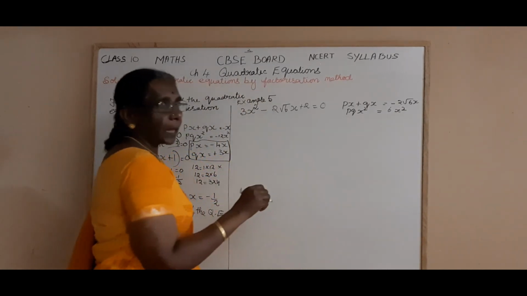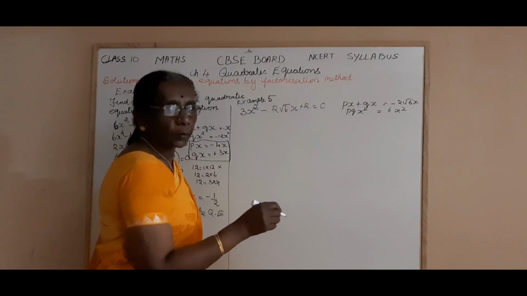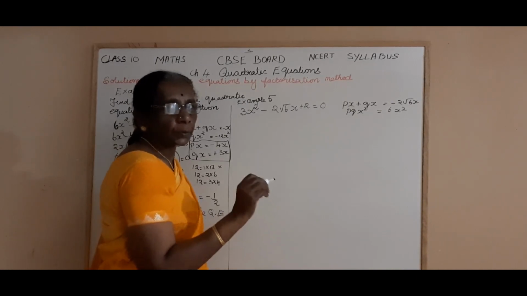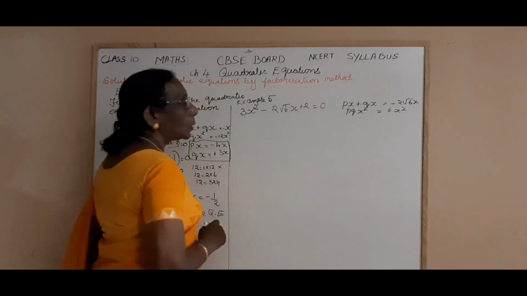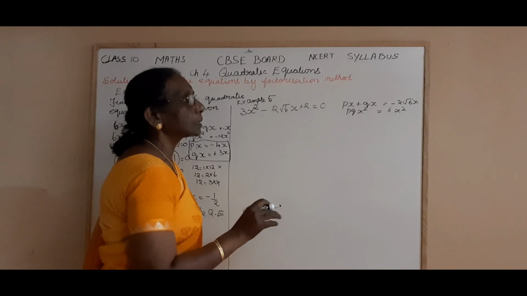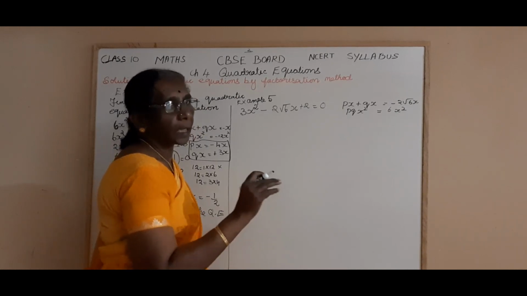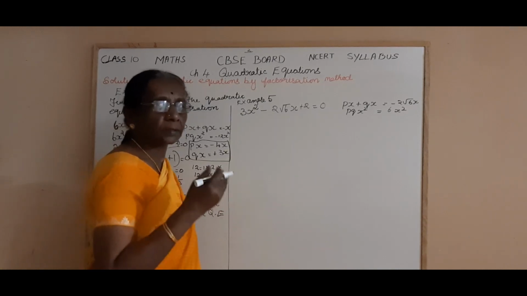So when you multiply, you have to get 6, and when you add, you have to get minus 2 root 6. Since we are getting here 2 root 6, what can you do? You take the irrational. Split minus 2 root 6 as minus root 6 and minus root 6. Because when you are adding root 6 plus root 6, it is 2 root 6.